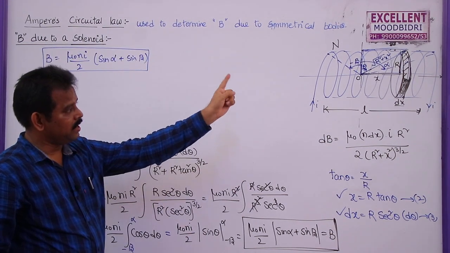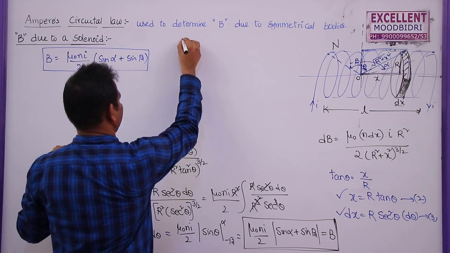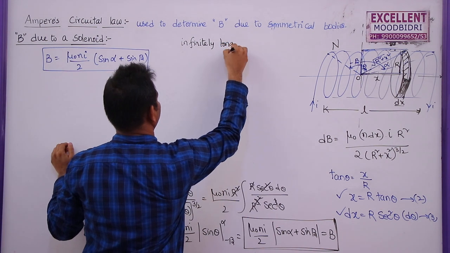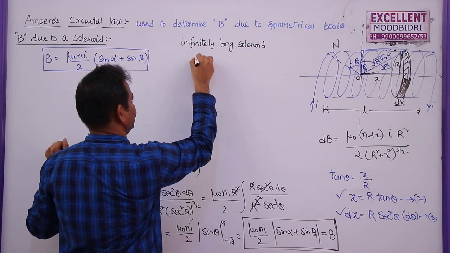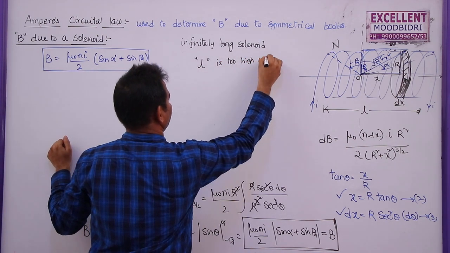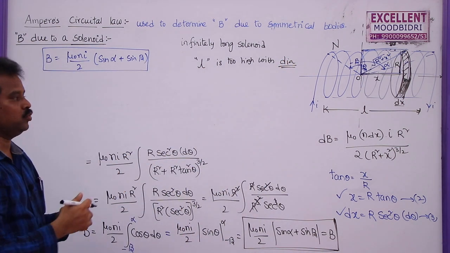If the solenoid is infinitely long, that means its length is too high when compared to the diameter.